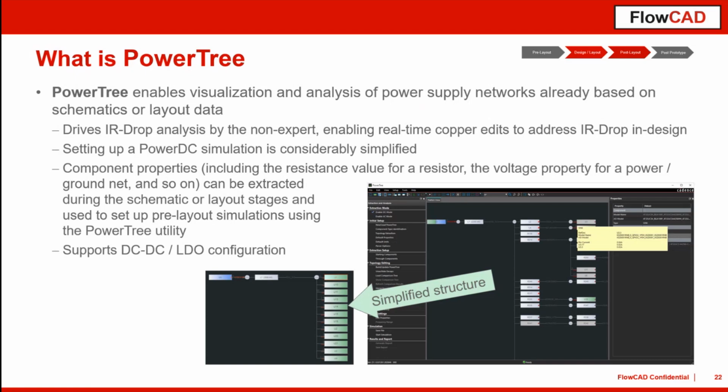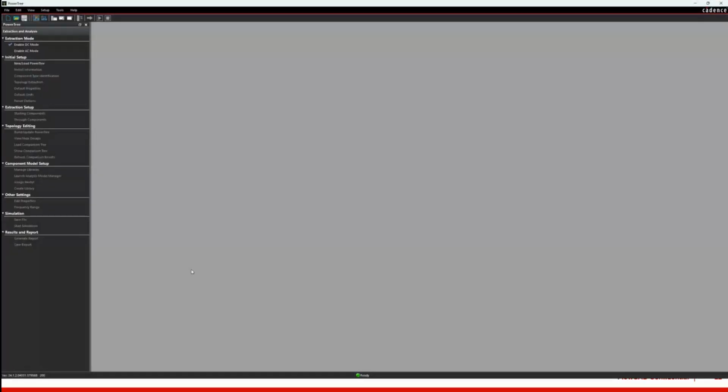And now you have the possibility to optimize or to define all of these things and loads, but you can also simplify if you want to do this. Furthermore, this power tree also supports DC-DC and LDO driver configurations. I want to show you how that works now a little bit in practice.